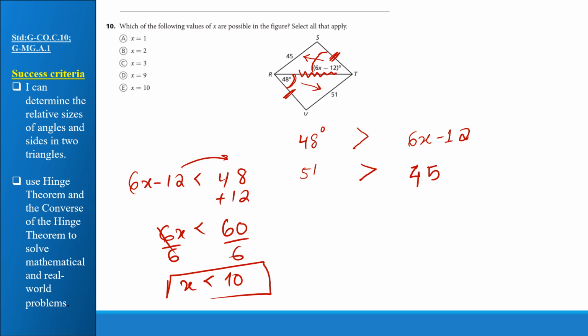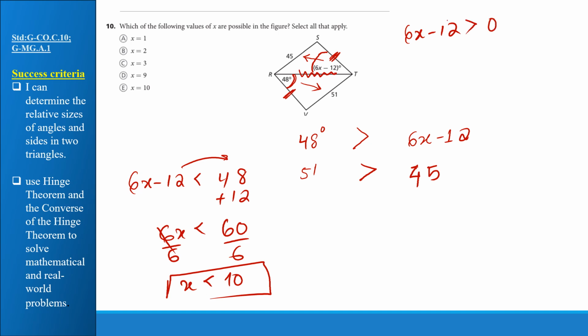Now I have any number less than 10, but you know that an angle cannot be negative, right? The measurement of an angle, I told you before, should be greater than 0 and less than 180 degrees. So you have to write 6x minus 12 should be bigger than 0.